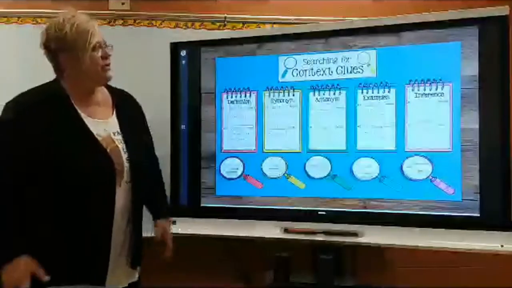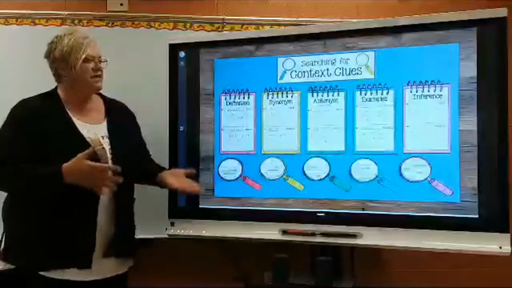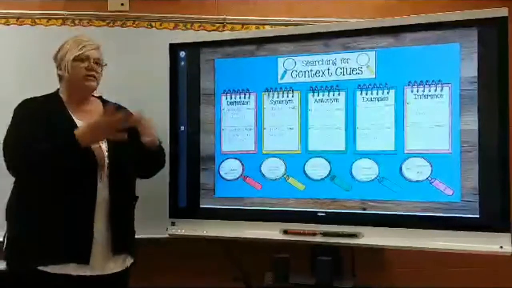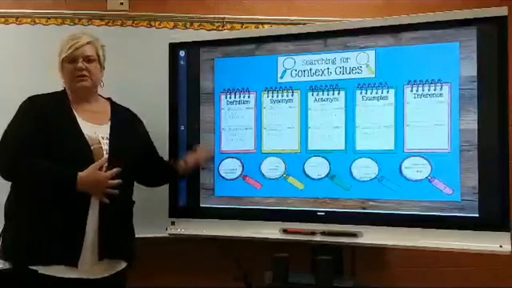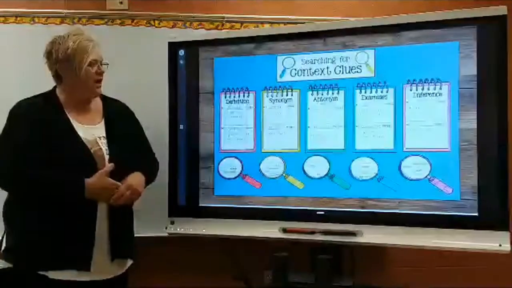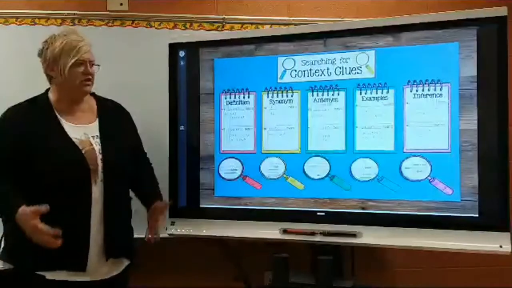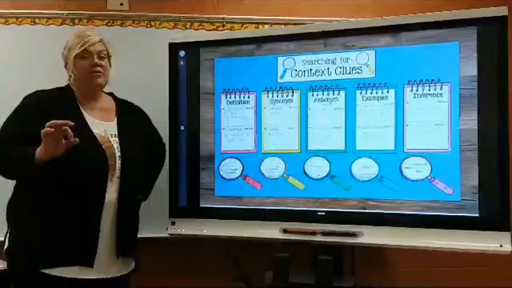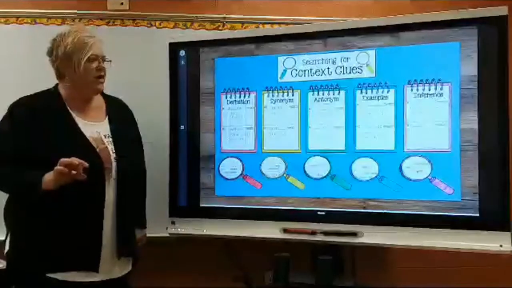So when we're searching for context clues, we are looking for some of these examples. If there's an unknown word that is embedded as a definition, we want to be looking for that. Maybe it has something to do with a synonym, words that are similar to each other. Maybe it's an antonym, where we can look for things that are the opposite of that particular word.